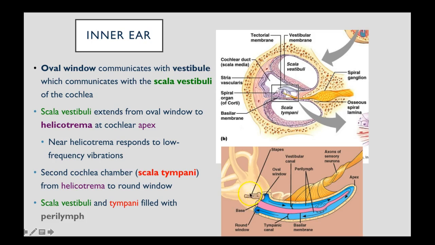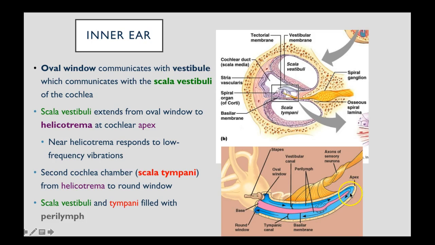Let's look at the stapes first. We discussed that within the outer ear, we are taking those sound waves. Those sound waves are vibrating the tympanic membrane, which then sends those sound waves through the ossicles, the malleus, incus, and the stapes. That stapes pushes on the oval window kind of like a pump and sends the vibrations, so I'm moving my arrow, creating vibrations here, and sends those sound waves or vibrations through this perilymph.